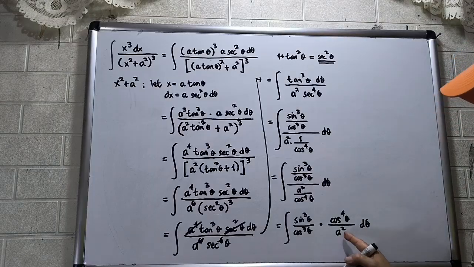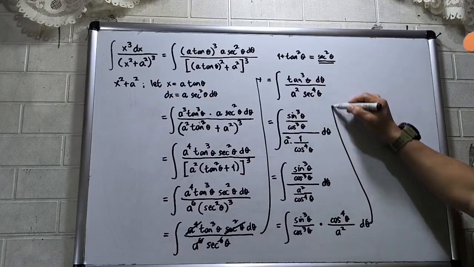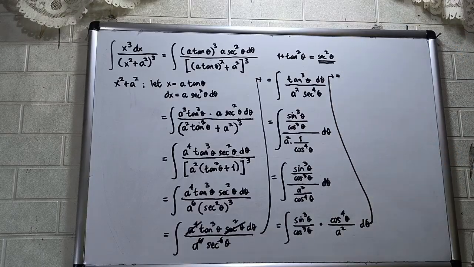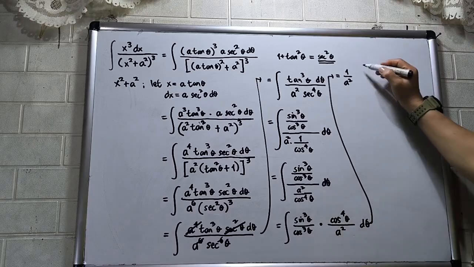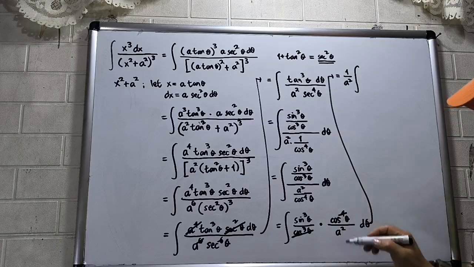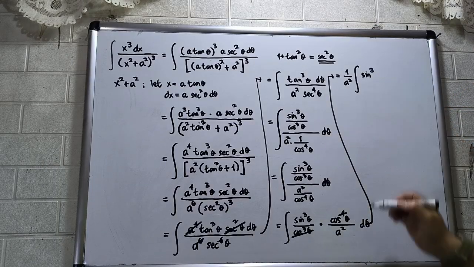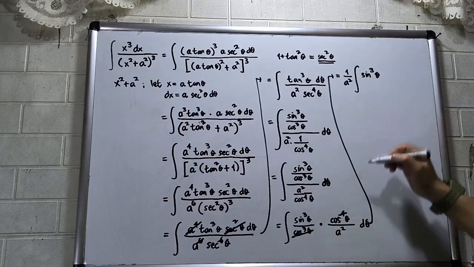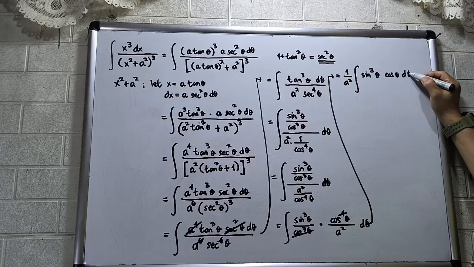Since all this is a constant, I need to isolate it from the integrand. Then I will place it outside before the integration symbol. So this will be equal to 1 over a squared, then the integral of, this will be crossed out, and then 4 minus 3, that will be 1. So I have now sine cube theta cosine theta d theta. Okay?